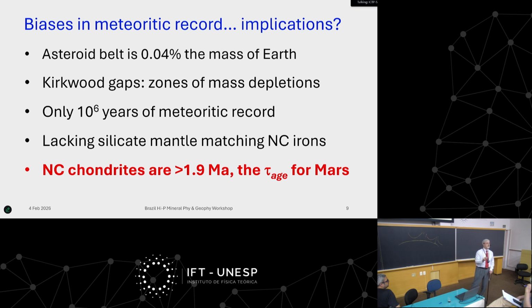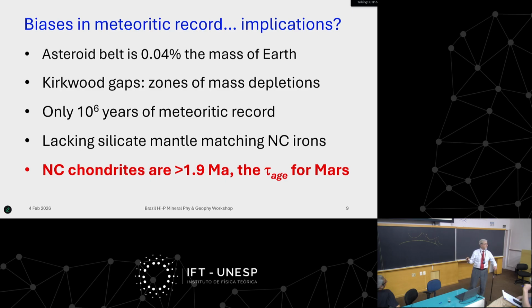How do we define this? Isotopically, the ones out there, beyond the asteroid belt, are distinctive in more than a dozen isotope systems, nucleosynthetic isotope systems. And when you plot them on XY diagrams, there's a gap between what we call the NC meteorites and the CC meteorites. That means they're distinctive at every level, okay?